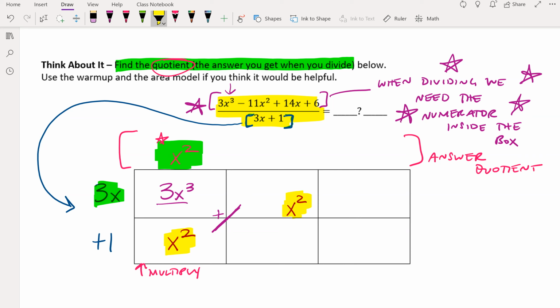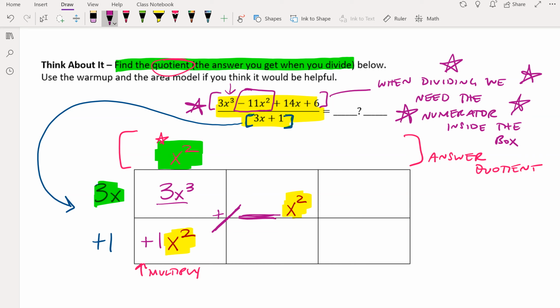So we know it has to be x squared. The question is, how many x squareds do we see in the numerator? We see negative 11x squared. So this positive 1x squared, and whatever we have here, has to add to negative 11x squared.